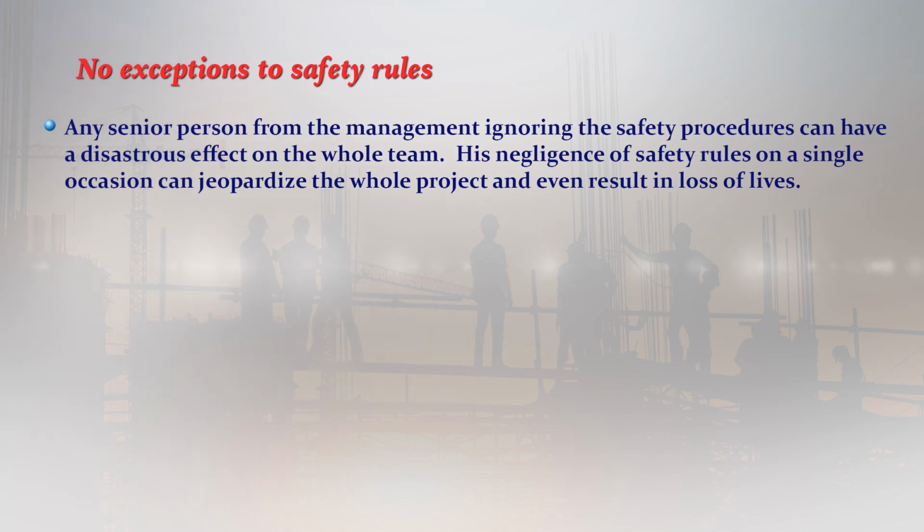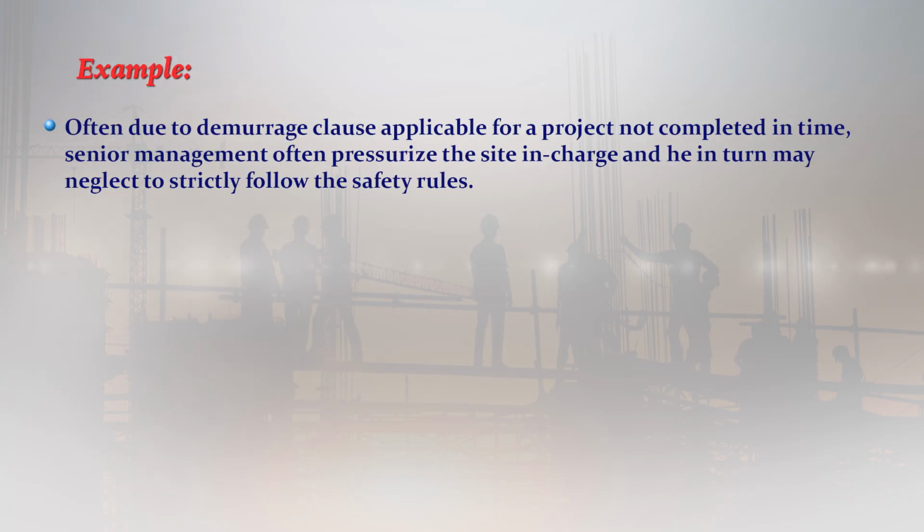Any senior person from the management ignoring the safety procedures can have a disastrous effect on the whole team, because the whole team will follow the senior. His negligence of safety rules on a single occasion can jeopardize the whole project and even result in loss of lives. For example, often due to a demurrage clause applicable for projects not completed in time, what do the seniors do?